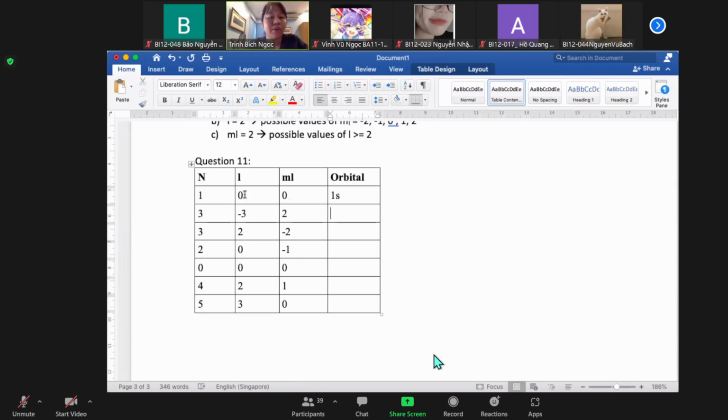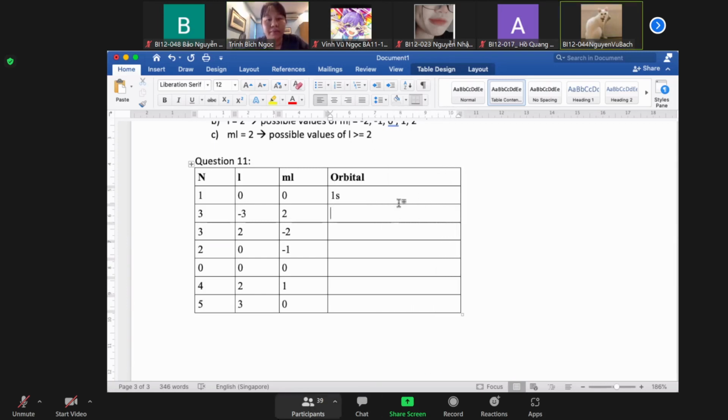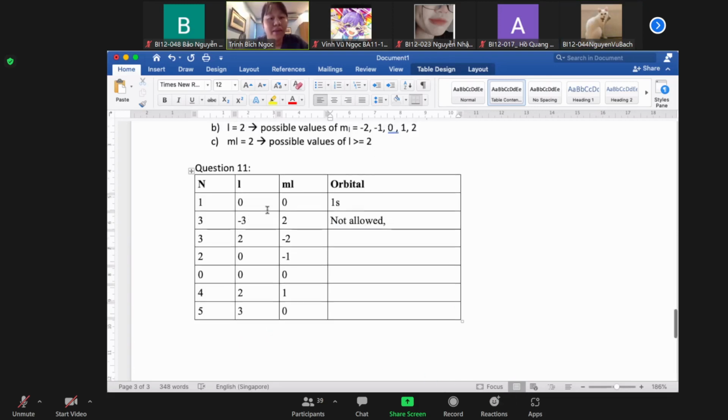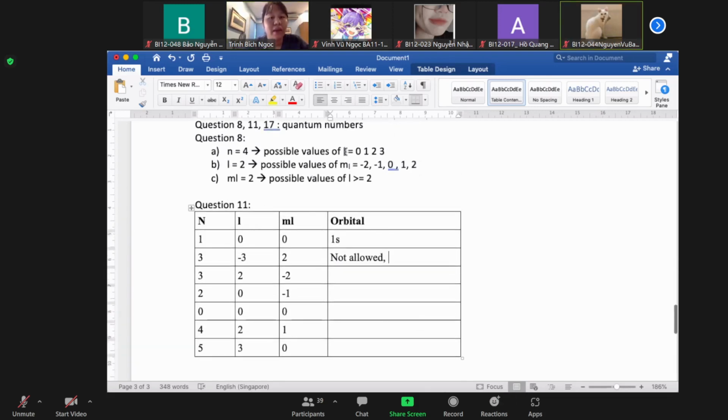L equal to 0 is s orbital, okay? Then 3, minus 3, 2. Not allowed. Why? Because you have the minus 3 here. The L is never negative, okay?